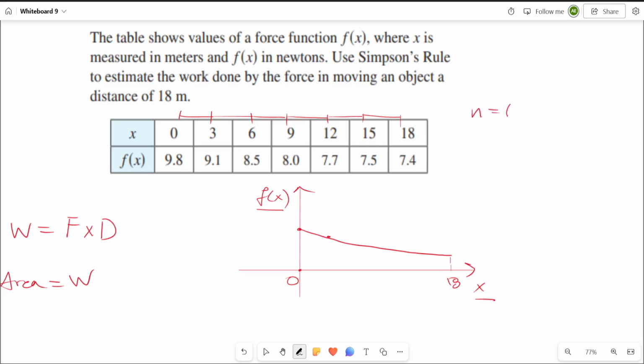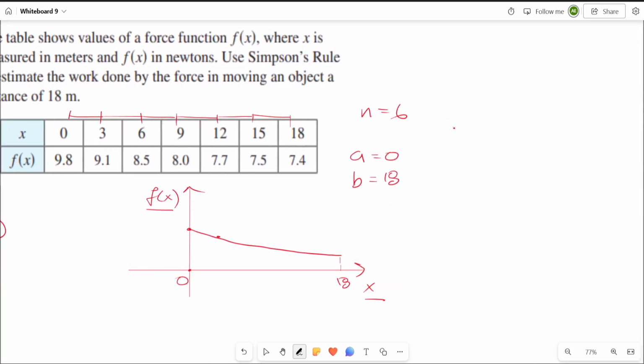So n equals 6. My a is 0 and my b is 18. From here I can find delta x, which equals b minus a over n, so 18 over 6, which is 3. So delta x is 3.